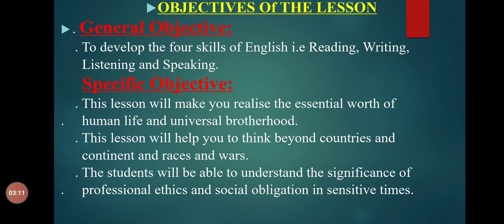This lesson will help you to think beyond countries and continents and races and wars. This chapter will make you understand the significance of professional ethics and social obligation in sensitive times. So, these 3 points are the specific objectives of the lesson.